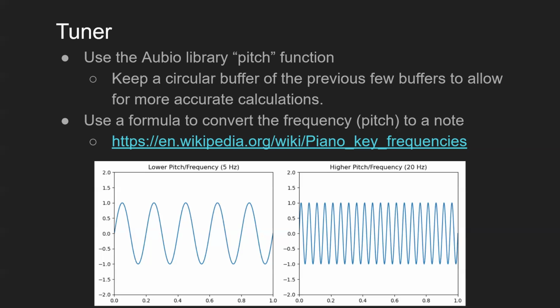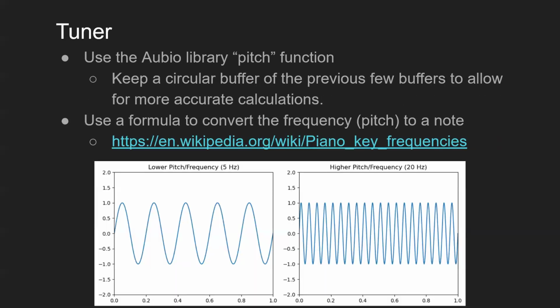That involves finding the pitch you're closest to, and figuring out how much you need to go sharp or flat. Sharp means slightly higher frequency or pitch, and flat means slightly lower frequency.